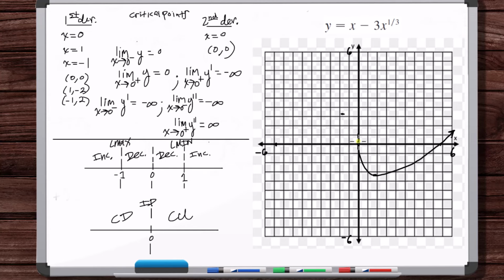So we have to remember that as well. Okay, so like that. You see, we want to make sure that we come in and get that vertical slope there at x is equal to 0. But the function doesn't change from increasing to decreasing. It stays decreasing all the way through this.